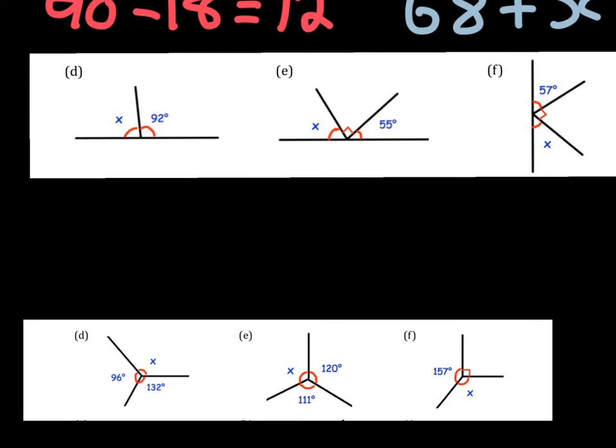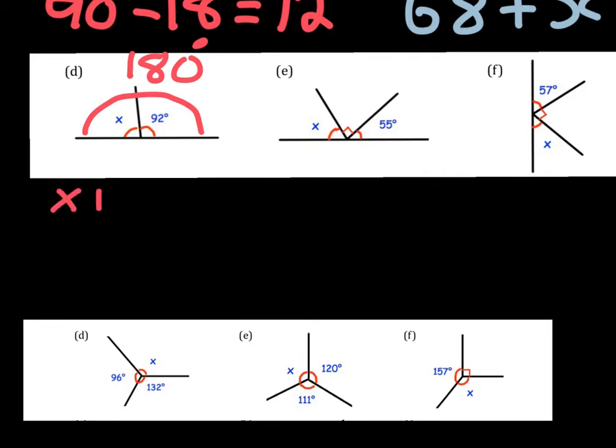So a straight line is half of a full turn, and that's going to give us a total of 180 for a straight line. So on a straight line, you will always find 180 degrees. And you can also think about the 90-degree angles. That's two 90-degree angles making 180 on a straight line. Once you know the fact, you can then just use it in a calculation.